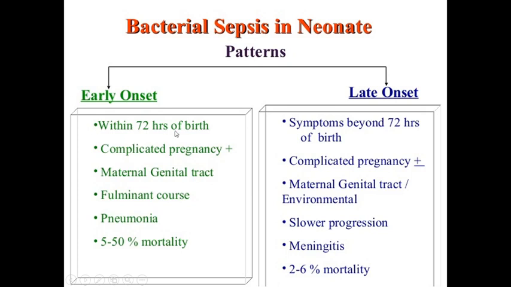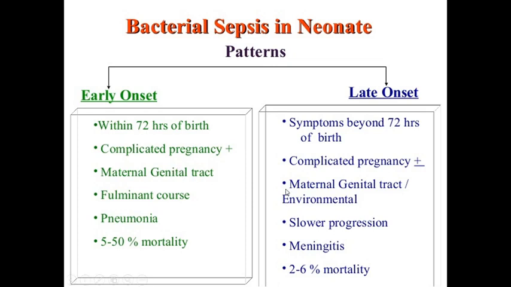Early onset neonatal sepsis develops within the first 72 hours of birth, that is within the first 3 days of birth. Late onset neonatal sepsis develops after the first 3 days. So early onset mostly causes pneumonia, and late onset mostly presents as meningitis.